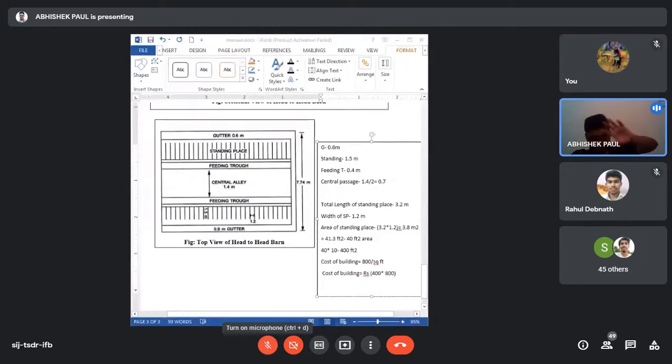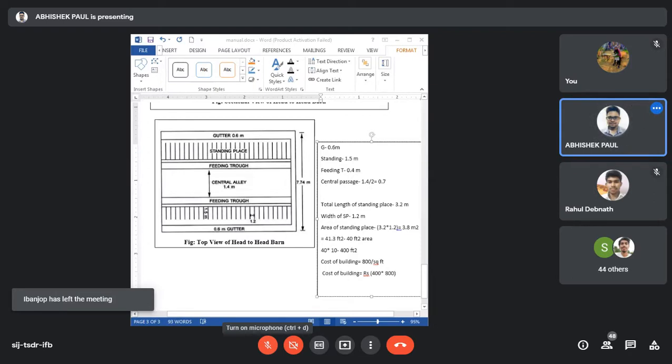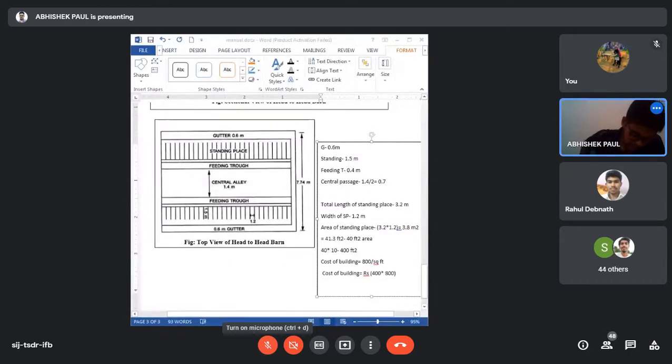Then you need to multiply that area with the cost of the building, 800 rupees per square feet. So that will be the cost of the building. Is it clear, Rahul? Yes, sir. So this is how to calculate the cost of the building while preparing the budget.